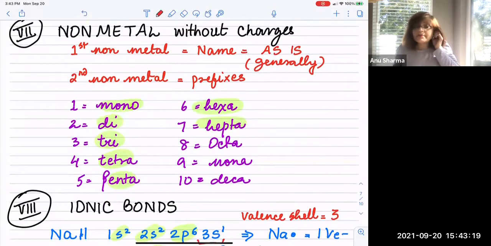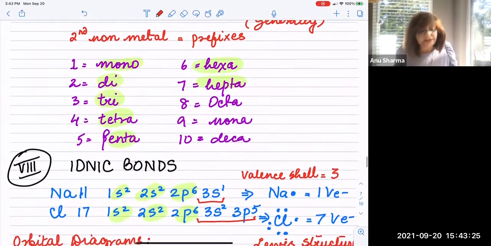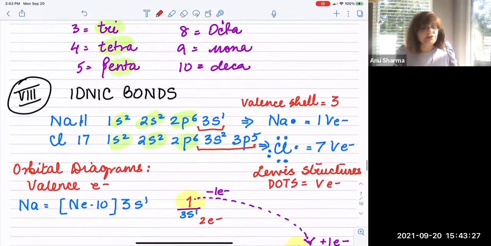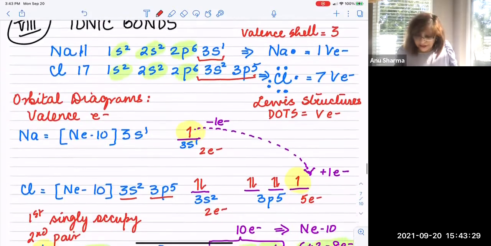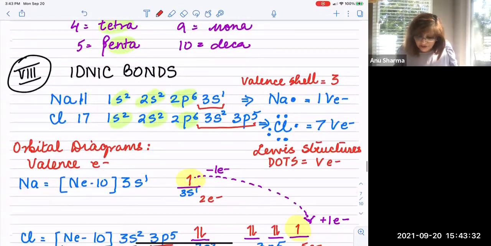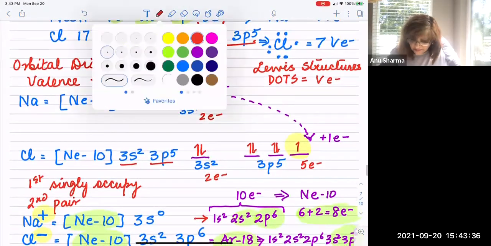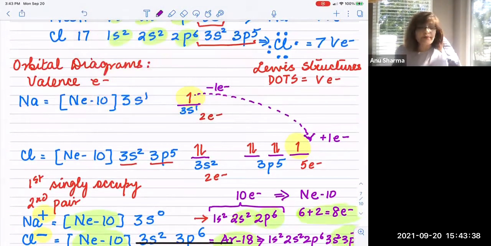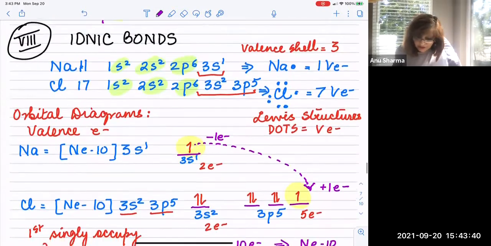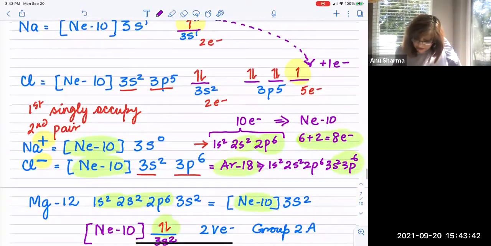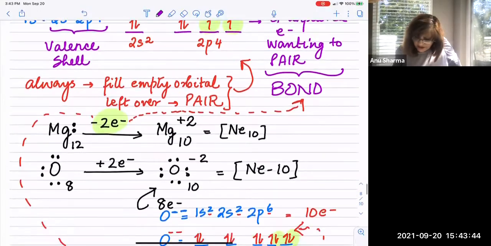Next is when the nonmetals are combining with themselves, without charges. In that case, we use mono, di, tri, tetra. We never use mono, di, tri, tetra with the metals.